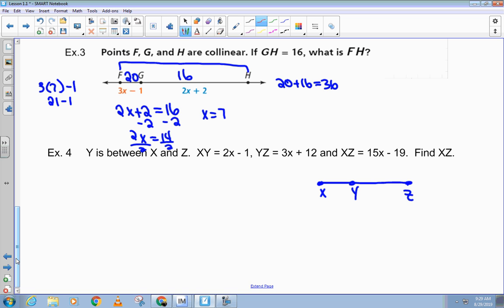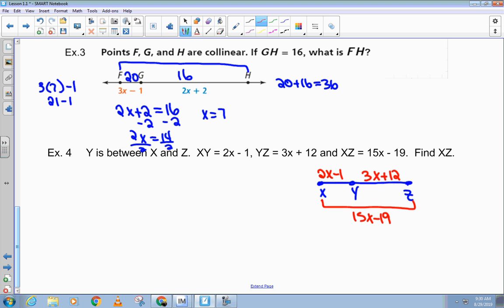It says that XY is 2x minus 1. YZ is 3x plus 12. And XZ is 15x minus 19. So, I drew a picture, I labeled it. Okay?